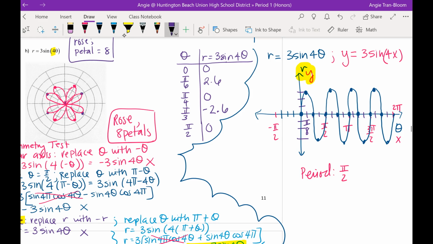Technically, if I were to graph this a bit correctly, pi over 6 right here is at 2.6, but a little bit underneath that is where the 3 should be. Does that make sense how that's supposed to go? So that's why this is a better way to graph that, but there's limitations. If you want to get super cool, you can do that and then stretch it over.